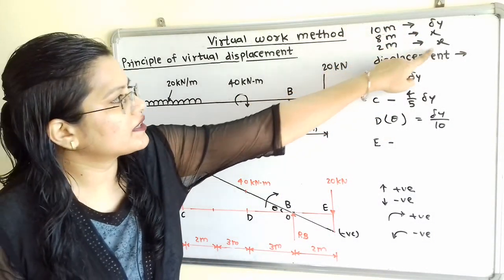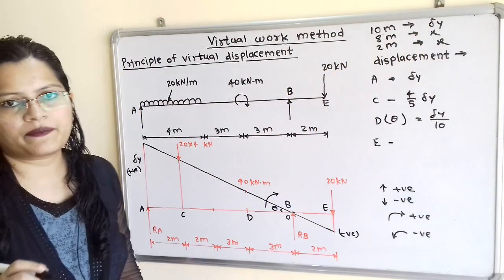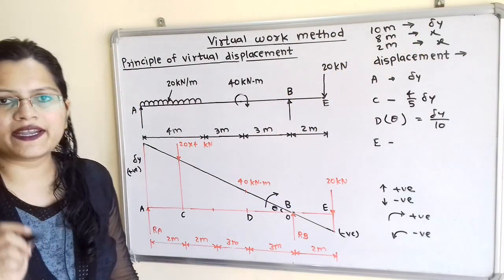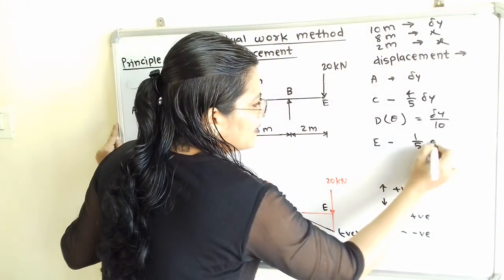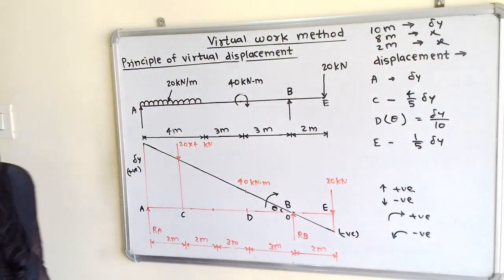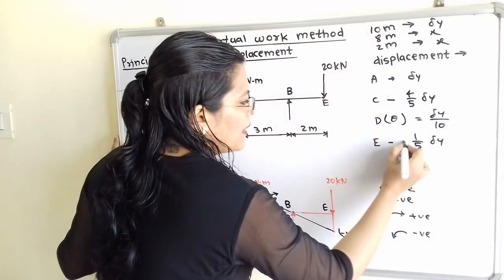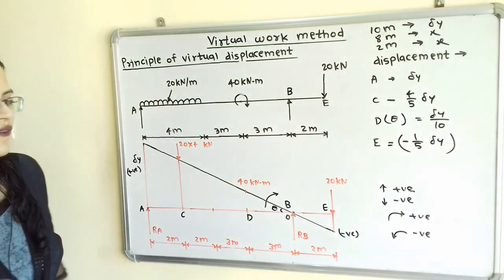So for 2 meter x, that is 10x is equal to 2 into delta y. So x is equal to 2 by 10, that is equal to 1 by 5 delta y. But now if we observe, it is in the downward direction, so we will give here a minus sign. Minus 1 by 5 delta y.